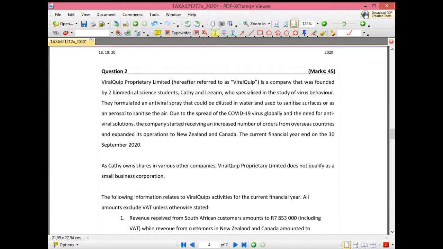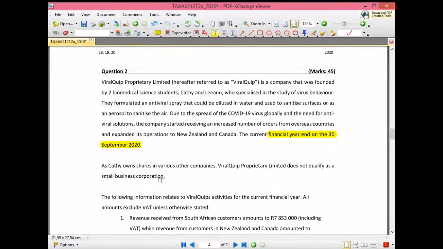Then they tell you that due to the spread of the COVID-19 virus globally and the need for antiviral solutions, the company started receiving an increased number of orders from overseas countries and expanded its operations to New Zealand and Canada. Their financial year end is 30 September 2020.